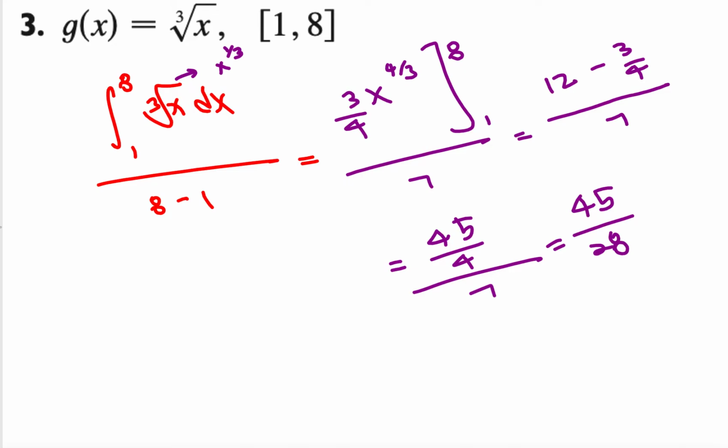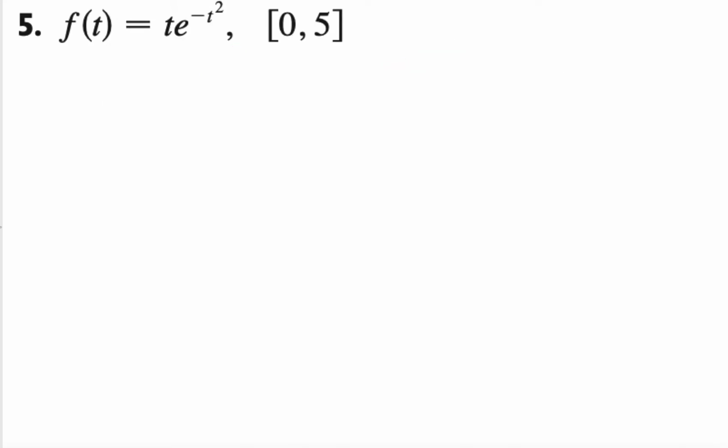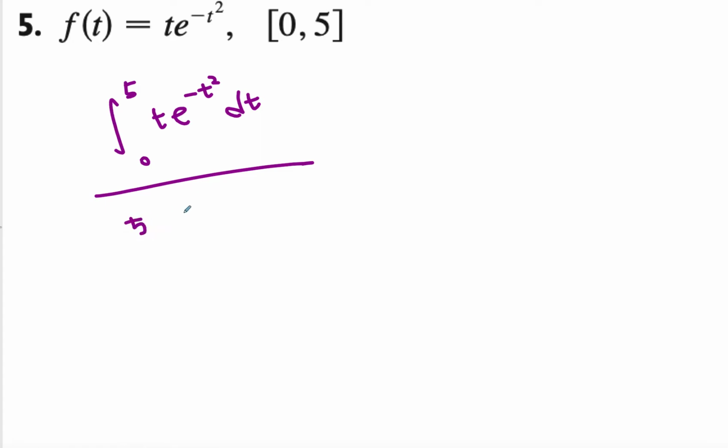All right, let's look at the next question, number 5. Same deal here. The integral from 0 through 5 of t e to the negative t squared dt, all over 5 minus 0. But in this case, I'm going to use u substitution.